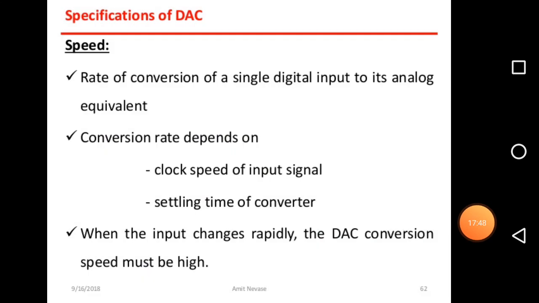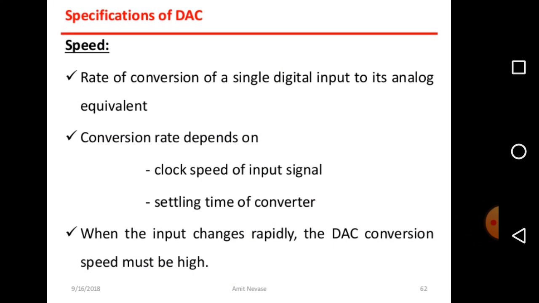Next specification of DAC is speed: the rate of conversion of a single digital input to its analog equivalent.